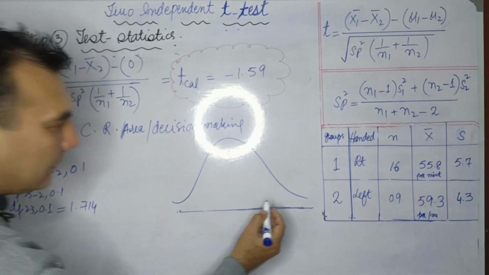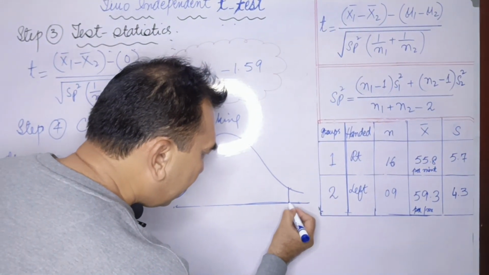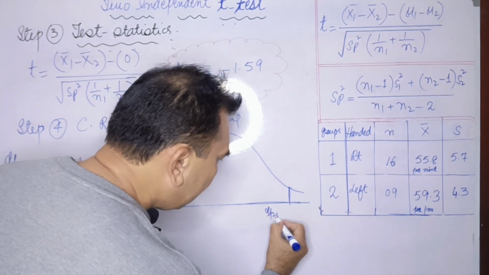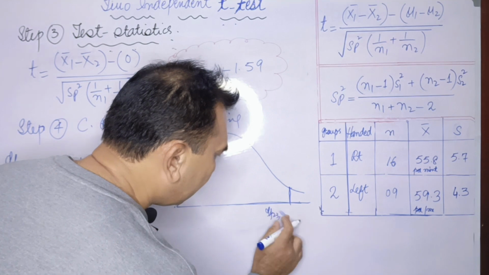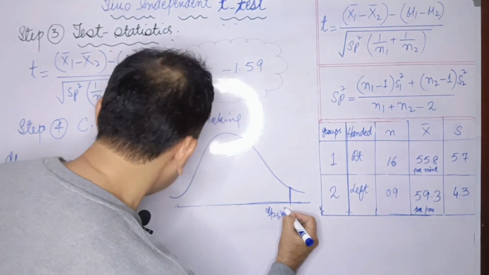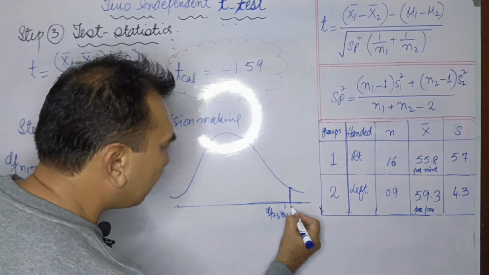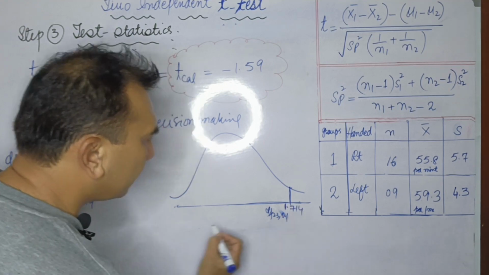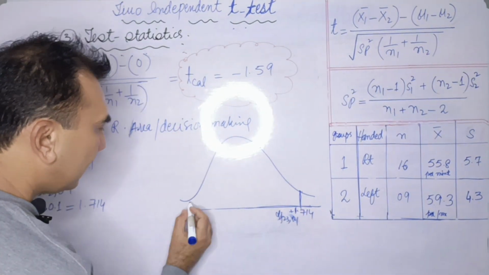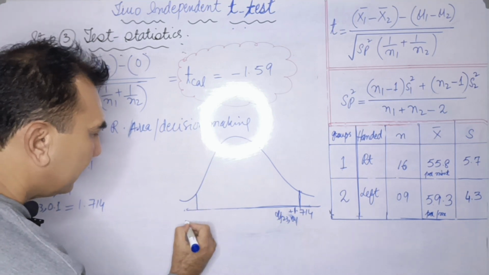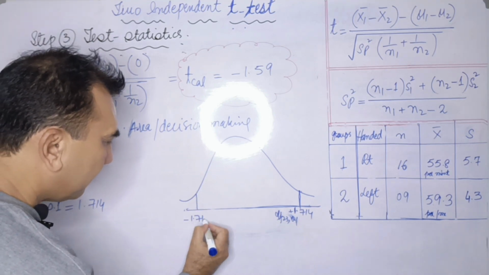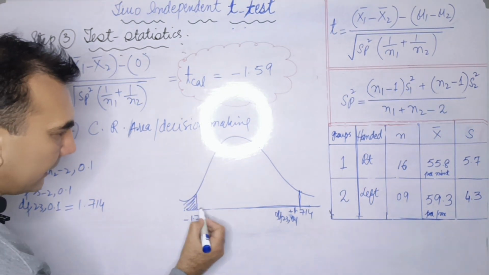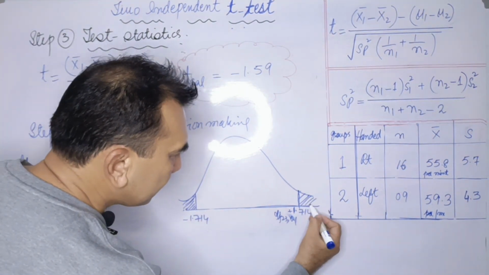So the critical region on degree of freedom 23 on 0.1 is 1.714 on the right side and minus 1.714 on the left side, because it is a two-tail t-test.